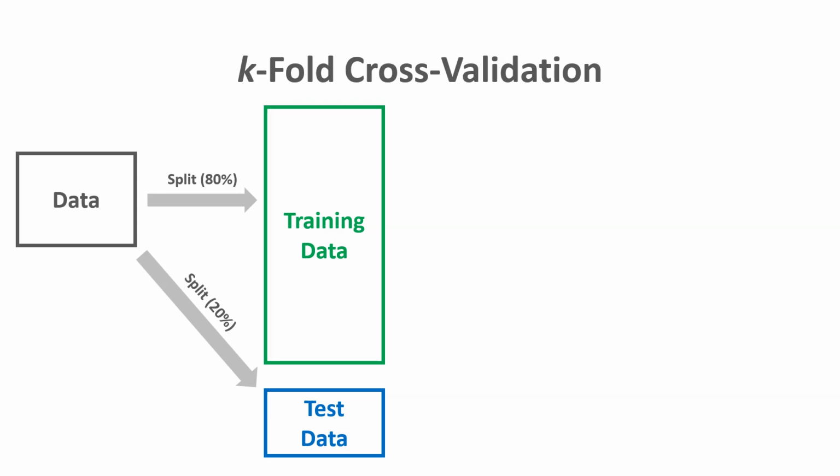So now let's talk about k-fold cross-validation, which goes a step further than the holdout method. Similar to the holdout method, we can start with our initial sample of data, and then we can perform some kind of split, maybe the 80%, 20% split, where 80% of the cases from the initial sample are randomly assigned to be in a training data set, and the remaining 20% in a test data set.